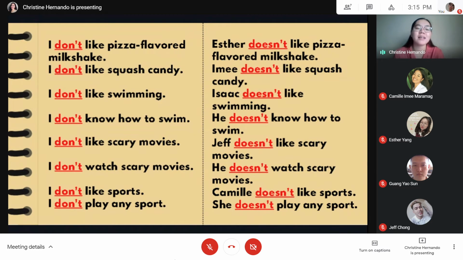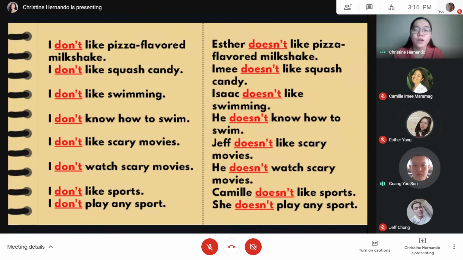However, I has a special grammatical case wherein we usually use a plural verb after it. So that's why we use the word don't in the left portion of our slide. As you can see, I don't like pizza flavored milkshake. I don't like squash candy. So now we know that don't is actually used when the subject is plural. Did you get that, guys?